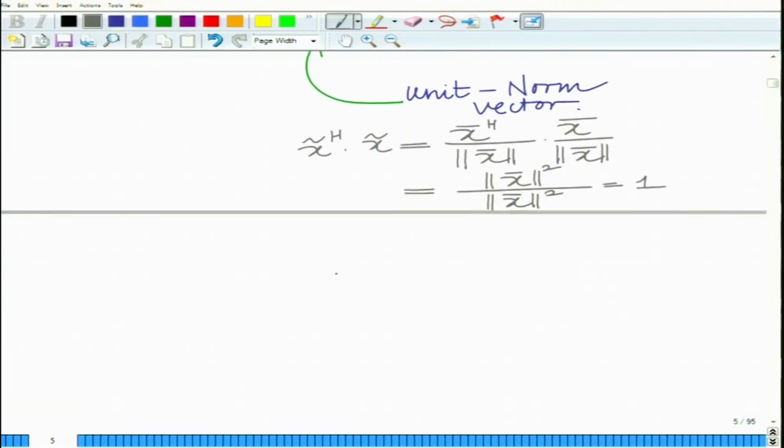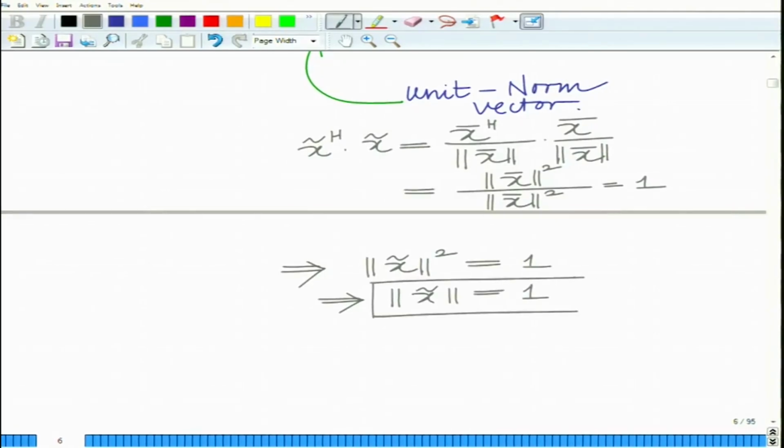So, this implies, now x tilde Hermitian x tilde is nothing but norm x tilde square. So, this implies norm x tilde square equals 1, this implies norm of x tilde equals 1. Okay. So, x tilde is basically a unit norm vector.